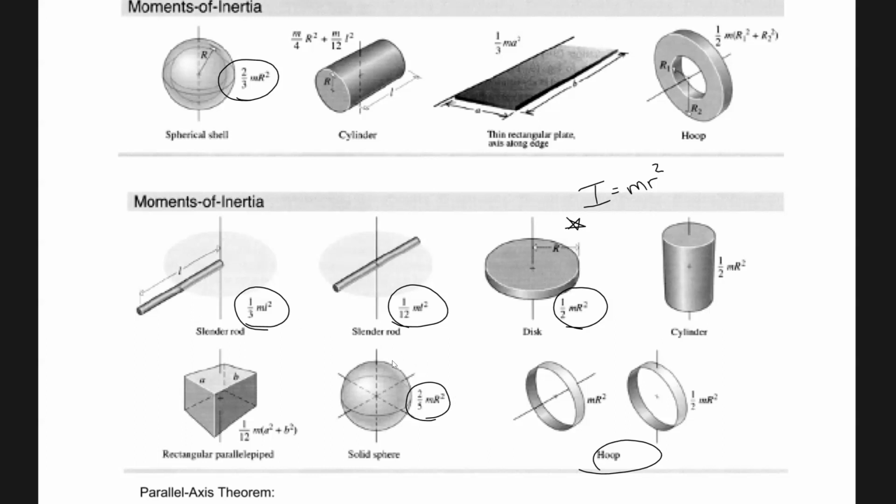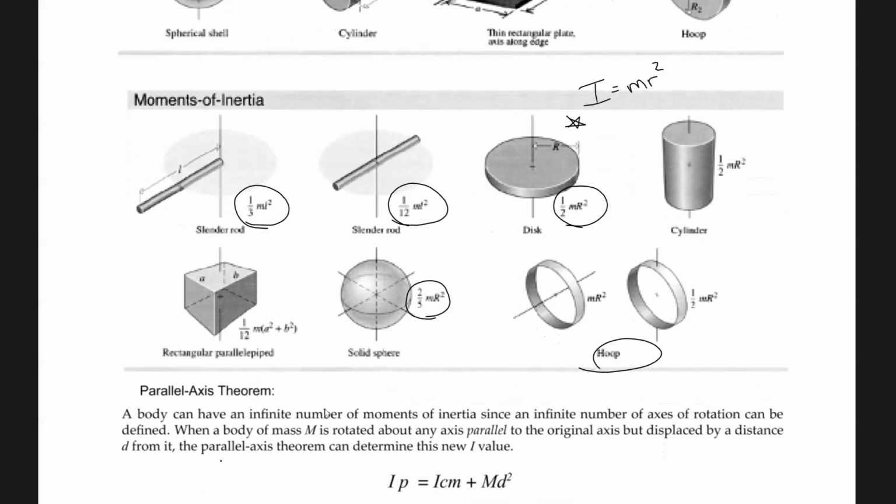So now, this thin rod through the center and through the end, how do we get those different formulas? Well, one thing we could use is a theorem that's called the parallel axis theorem. That parallel axis theorem says that if we look at how we have shifted from the center of mass to an axis parallel to the original axis, but just shifted over a distance, we can arrive at our new formula.